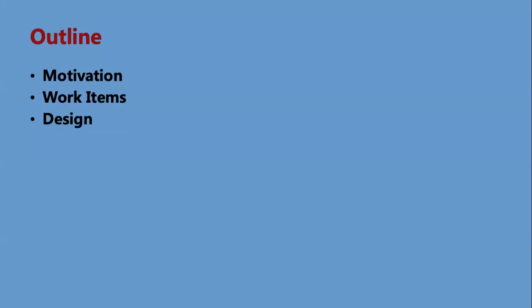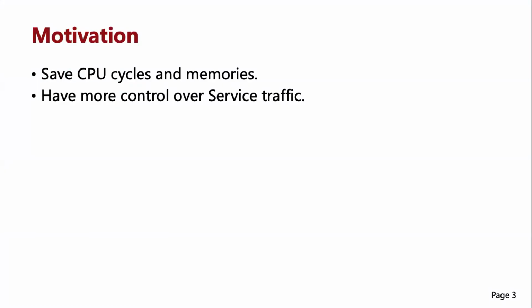Here's the outline. There are three parts: motivation, work items, and design. First, the motivation. If kube proxy is removed, the implementation can save a lot of CPU cycles and memory, and Antrea proxy takes full charge of service traffic, so we can have more control over service traffic.